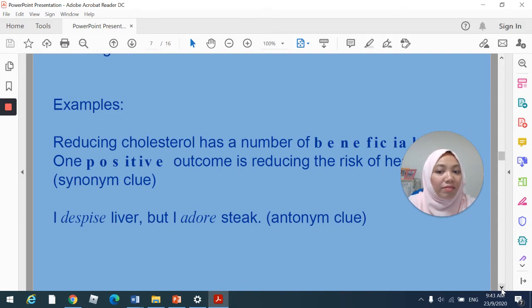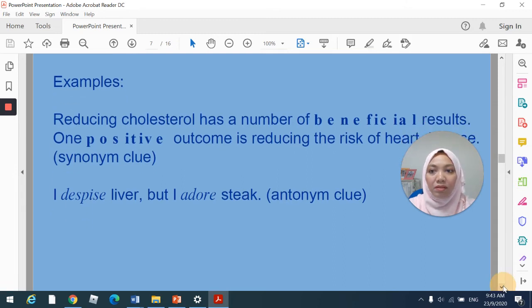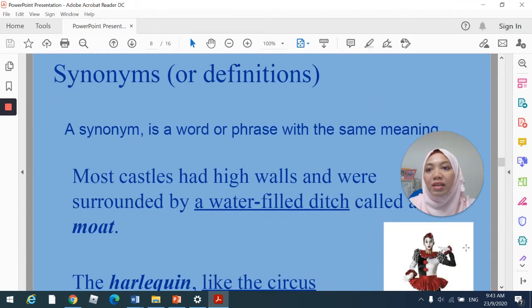Adore means love, like. So you know despise means the opposite of adore because we have the word but there. The contextual clue here is synonym, quite straightforward, synonym in terms of definition.